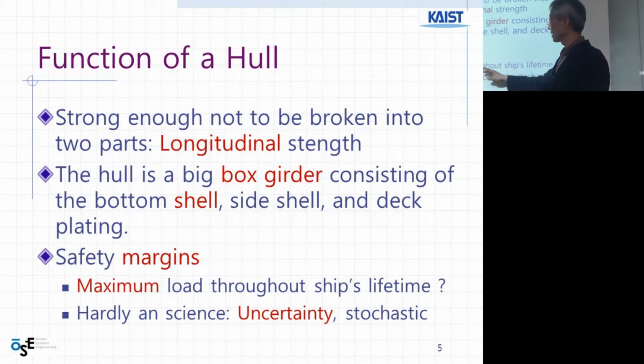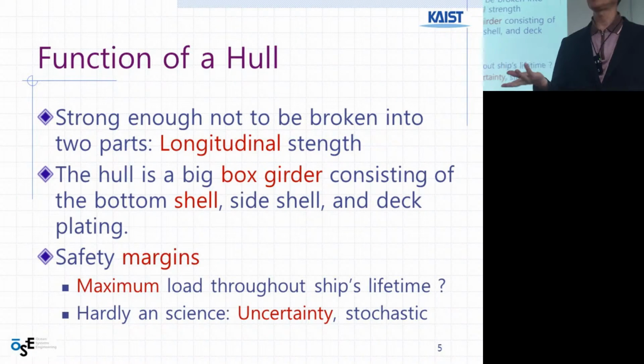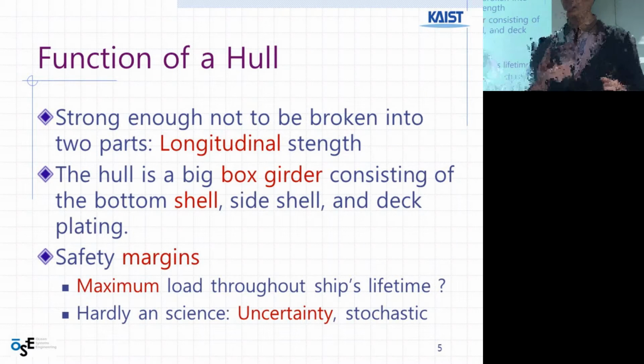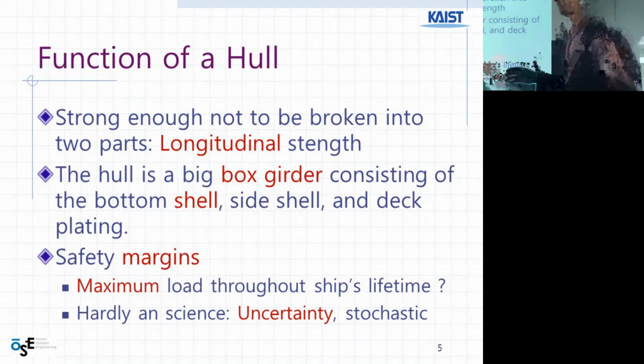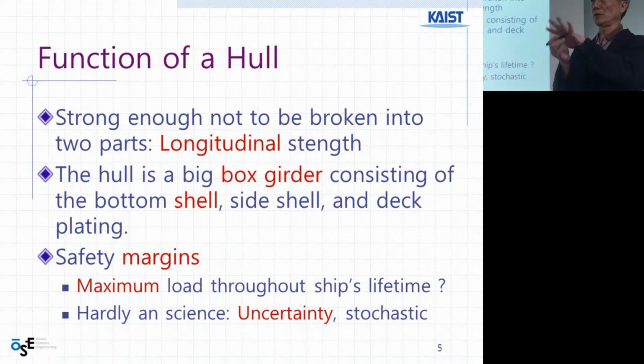One is a maximum load. Say this ship will be used to transport oil between Korea and Saudi Arabia for 10 years. Then over those 10 years of transportation, what can be the maximum weather condition and load on this ship?